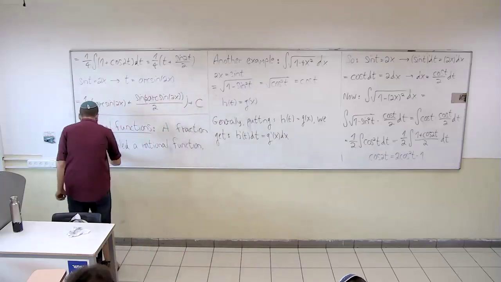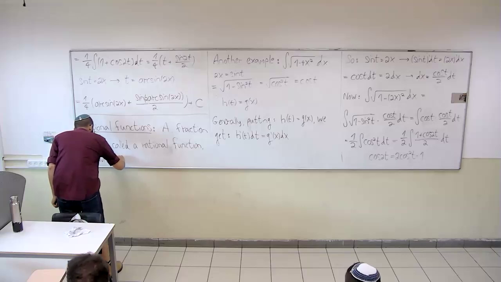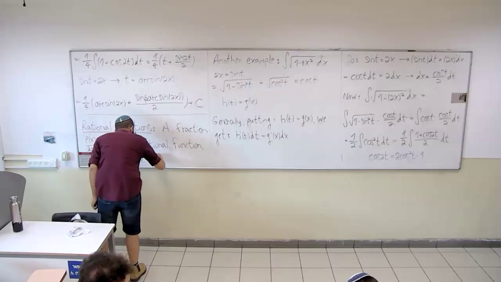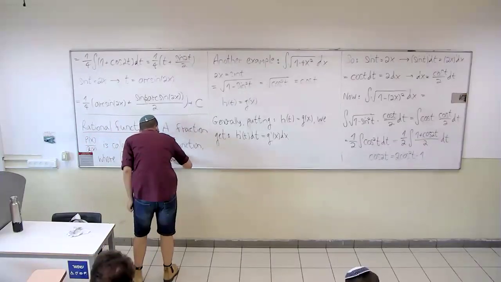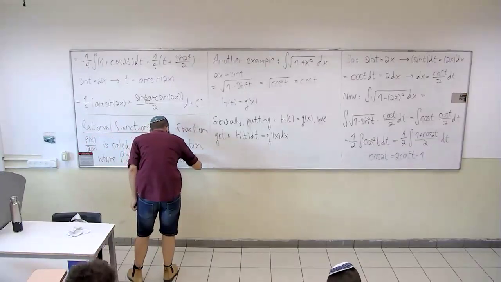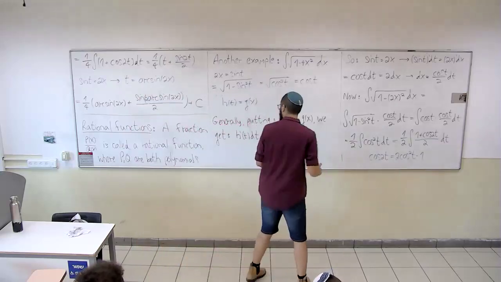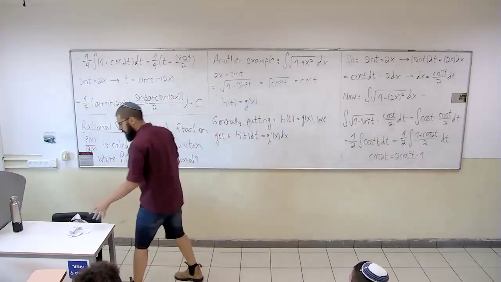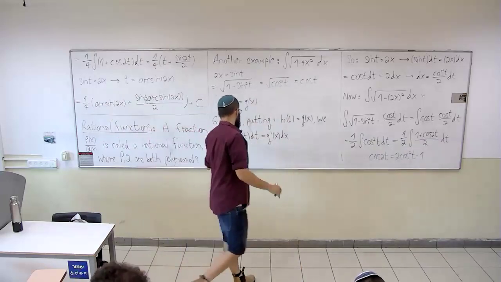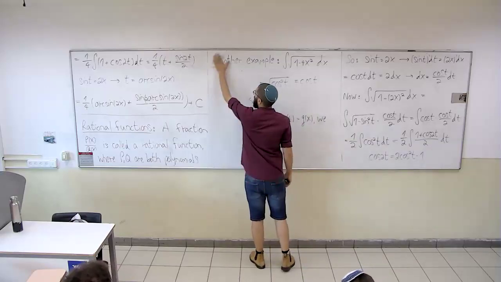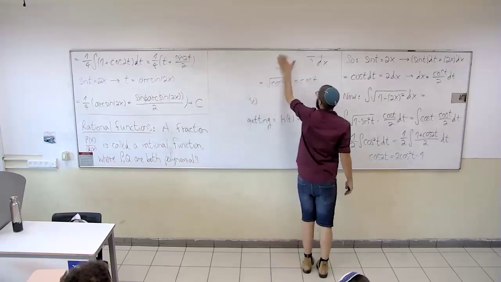Where p and q are both polynomials. Not necessarily reducible. Just polynomials divided by each other, I call it a rational function.